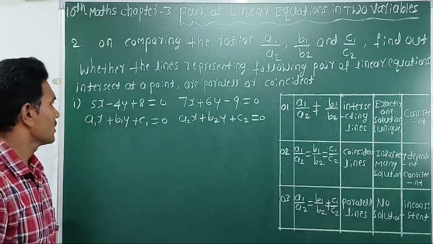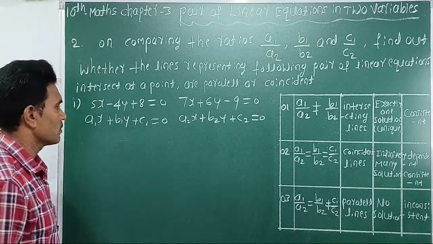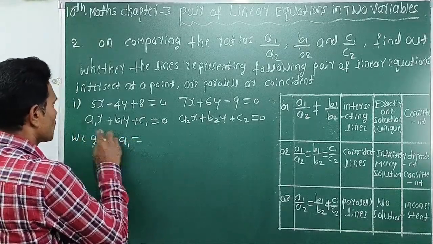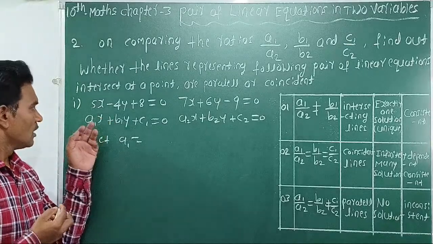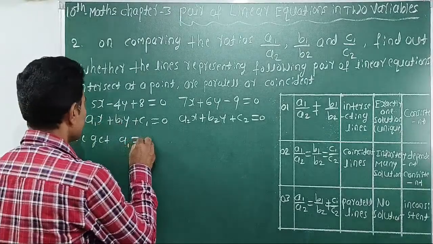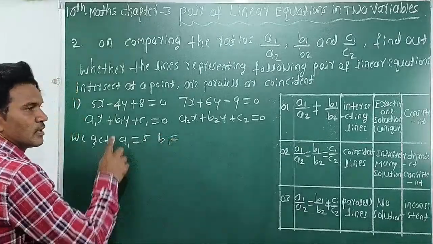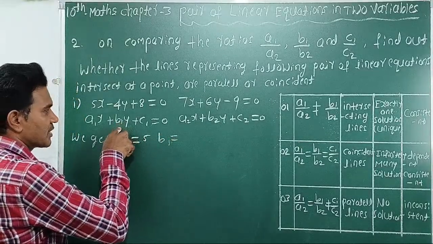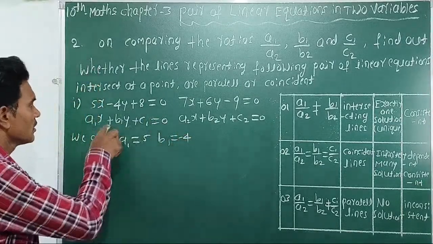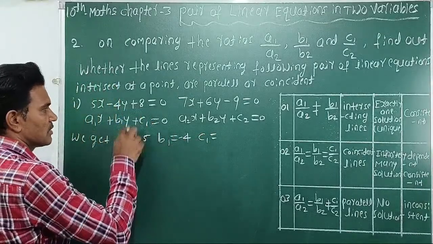On comparing these two equations with the standard form, we get a1 is equal to 5. a1 means the x coefficient of the first equation, that is 5. b1 means the y coefficient of the first equation, that is minus 4. c1 is the constant number, here 8.